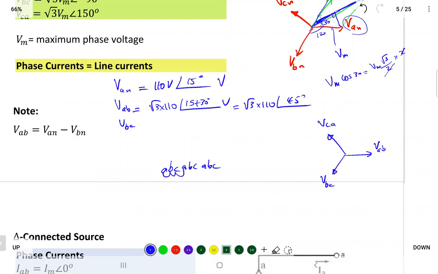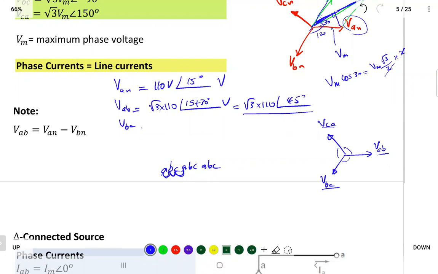Just using the last letter from the first line and then the new one. So it's AB, BC, CA. That's how I know that if it's AB, what comes behind is BC and then CA. And the shift is 120 degrees. So now I know VAB is equal to square root of 3 times 110, at angle 45 degrees.